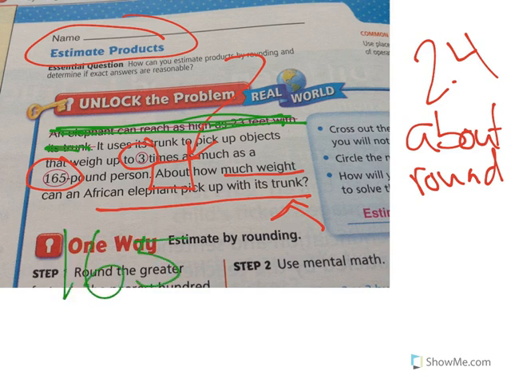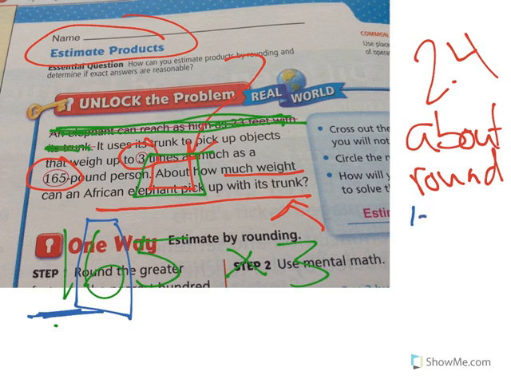So we've got a 165-pound person. I'm going to pick up 3 times, but it wants to know, remember, about. So we're going to go back to that place value lesson where we round. And we're always going to round to the biggest number. So right here, this one. So we have to look to the right. Now remember, if it's 1 to 4, stays the same.